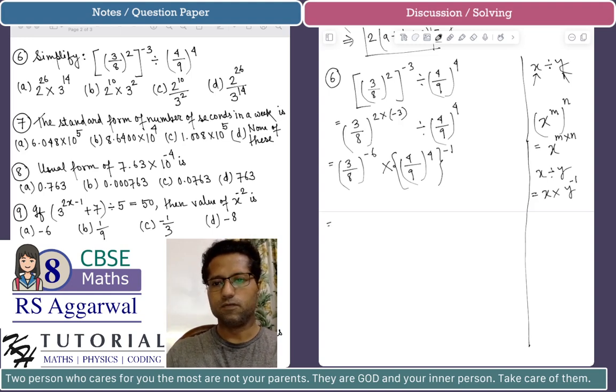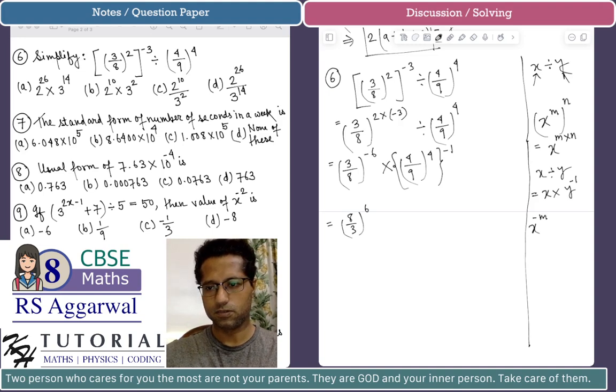So this is equal to, now 3 by 8 raised to the power minus 6 is nothing but 8 by 3 raised to the power 6. Again the concept applied is x raised to the power minus m is equal to 1 by x raised to the power m. This we have product of 4 by 9, it becomes 4 by 9 raised to the power, we have 4 multiplied by minus 1.